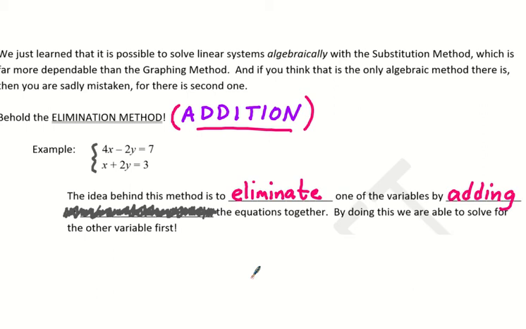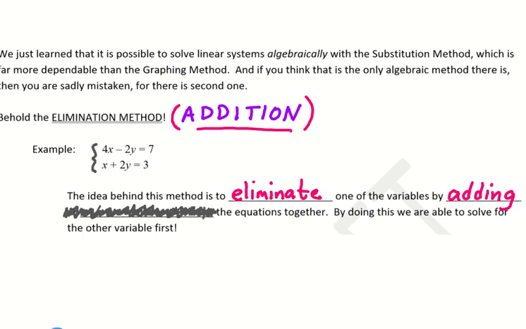You can also subtract equations, but I like to keep things simple, just adding, which is why I feel free to refer to this method as the addition method. Not to mention that subtracting is technically adding anyway.